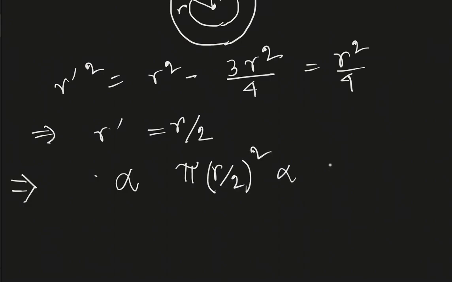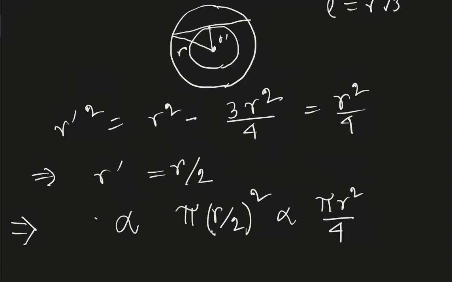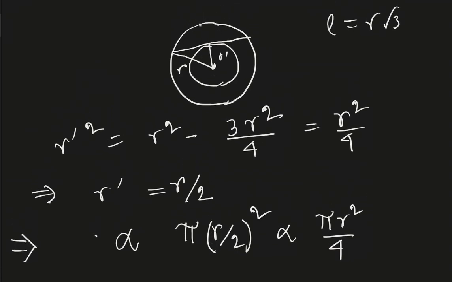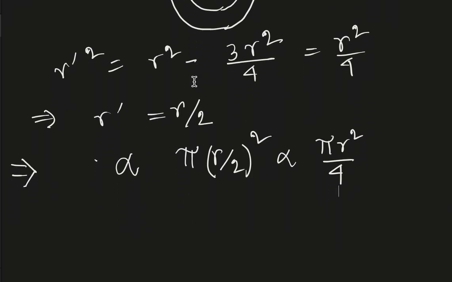So it should be proportional to pi r square by 4. In a similar manner, how many chords can I draw inside the larger circle? It should also be proportional to the area of this circle, so that is proportional to pi r square.